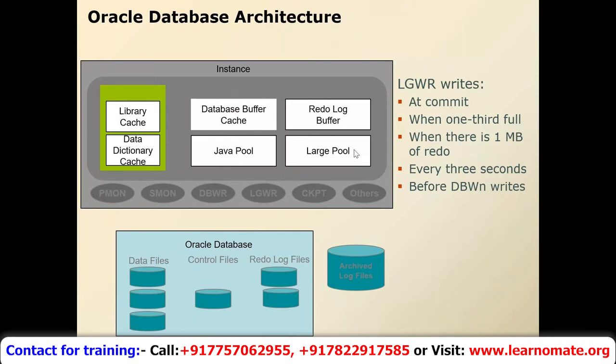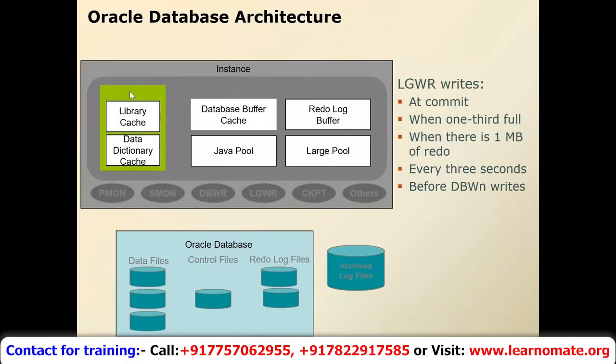Oracle database architecture is divided into two parts: the instance, and second, the Oracle database. The instance contains memory components as well as background processes. These are the memory components, basically the SGA, which stands for System Global Area.